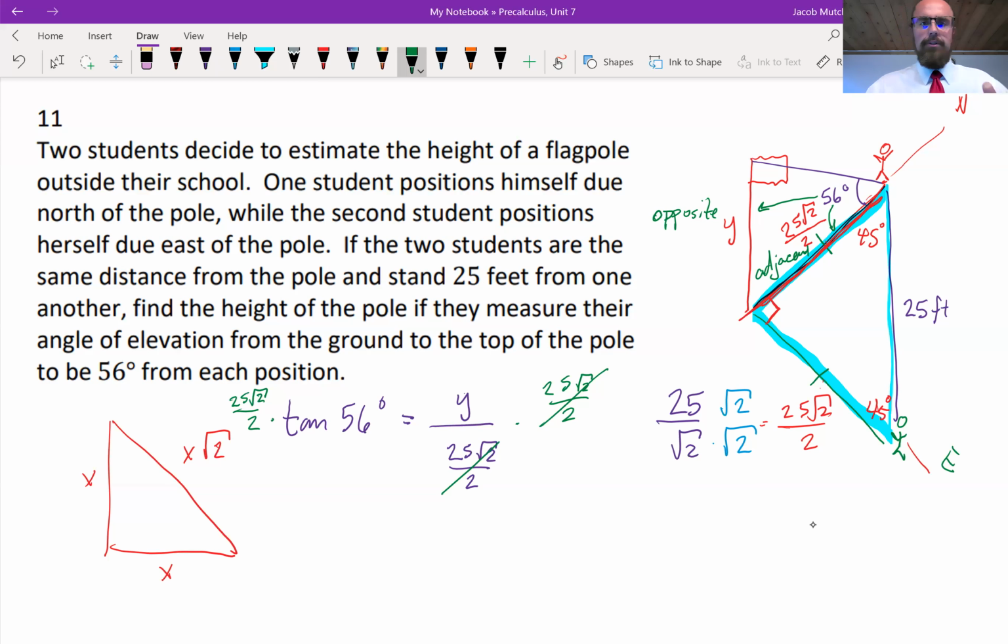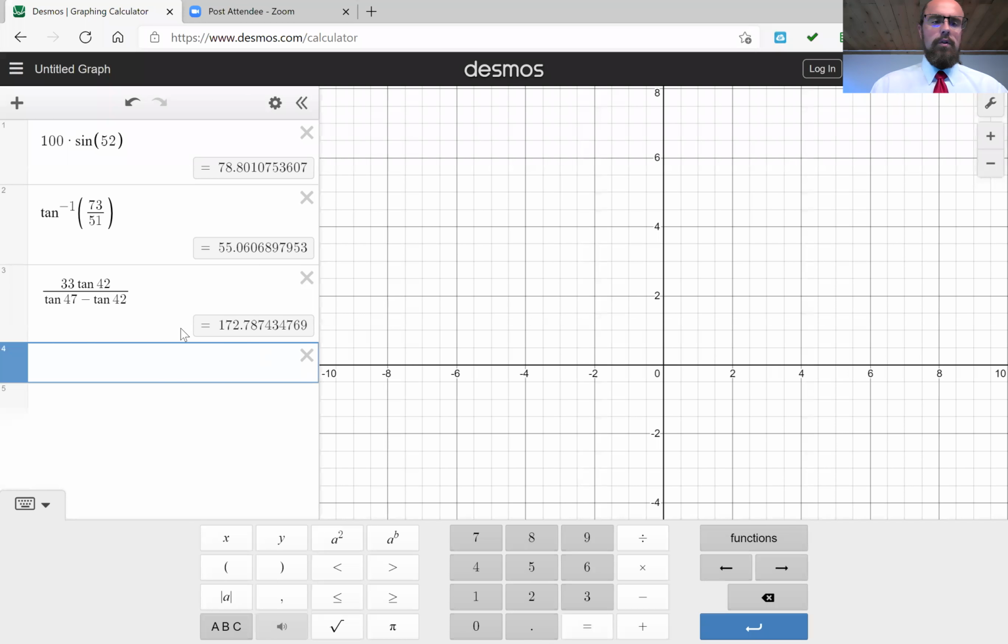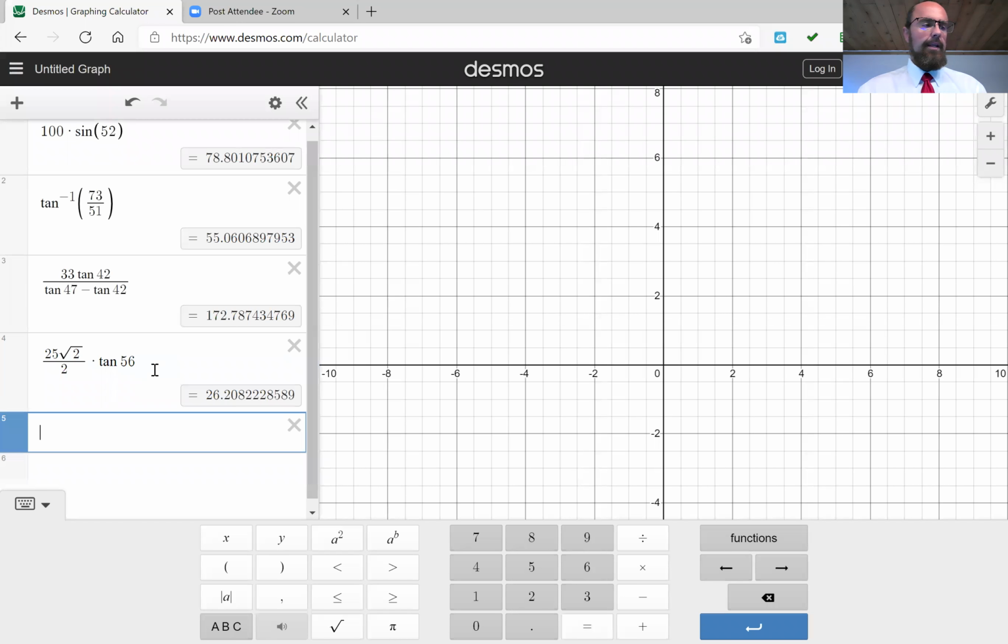And all I got to do again is, once I've got that expression solved for, I just need to calculate it on the calculator. So we'll type it in, that fraction first, 25 times the square root of 2 over 2 times tangent of 56 degrees is giving us a height of about 26.21 feet.